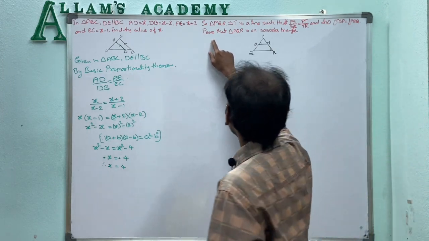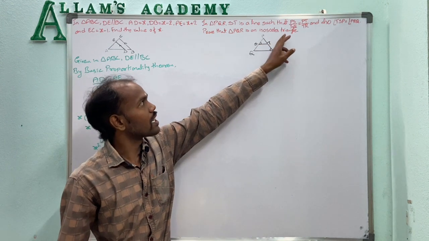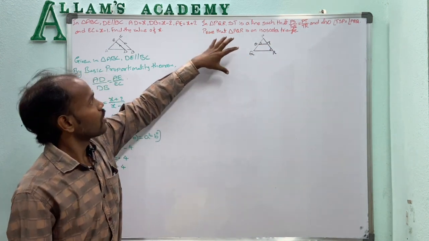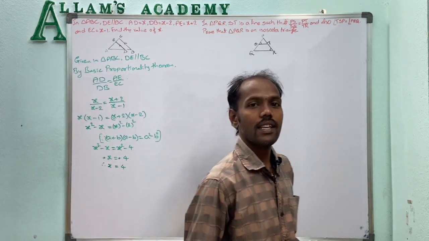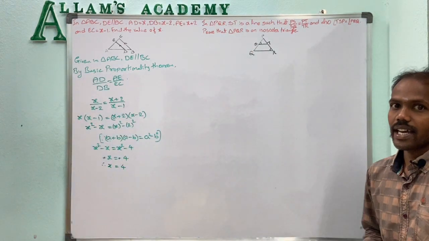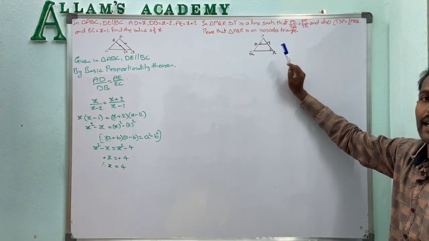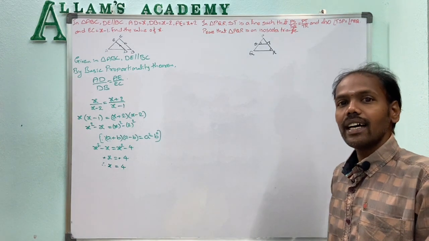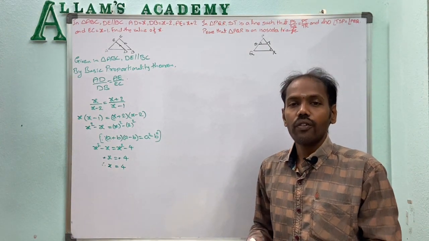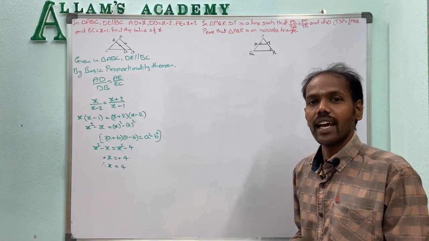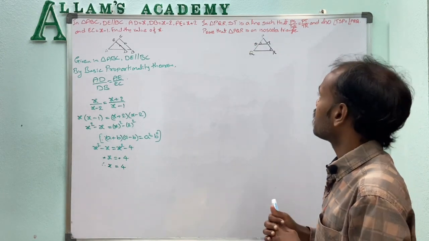Then prove that triangle PQR is an isosceles triangle. Isosceles triangle means in a triangle any two sides are equal, then the triangle is called isosceles triangle.